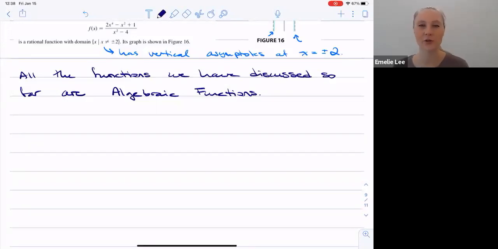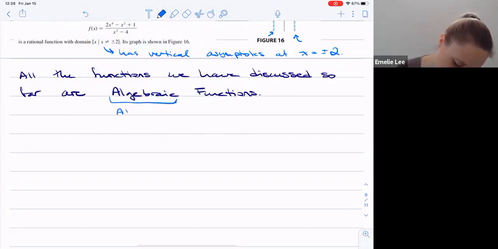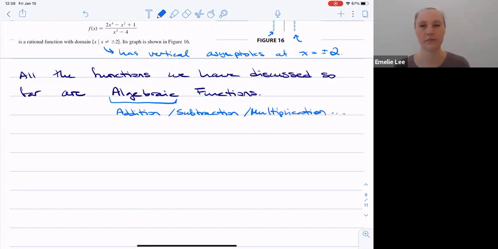As soon as we say algebraic, all we're really saying is algebraic just means addition, subtraction, multiplication, right? All those kind of, etc. All those fun things that we can do, right? That's algebra. And so we call them algebraic functions.